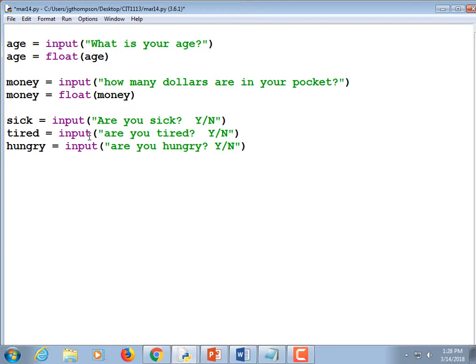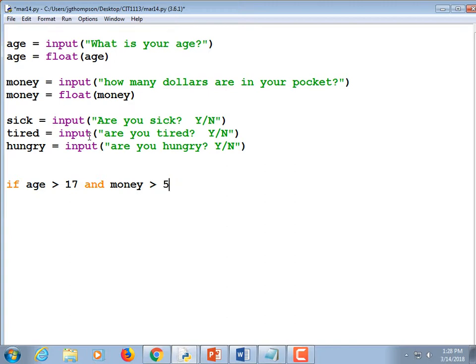So, like going in to see the R-rated movie, we have to be older than 17, unless accompanied by our parents, and we have to have money. So, if age is greater than 17 and money greater than 0, I'm assuming we can get into the theater.